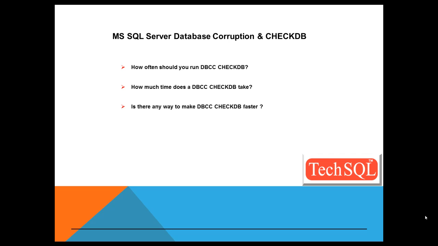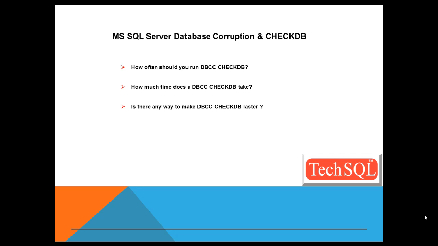Instead of running it for every database every night, maybe run it for half the databases one night and the remaining the next night. Do one database in a night, either round robin equally, or do more important ones more frequently.